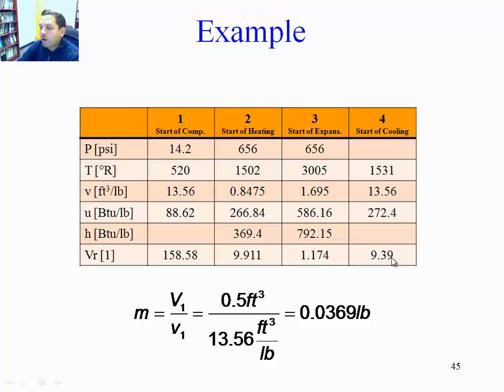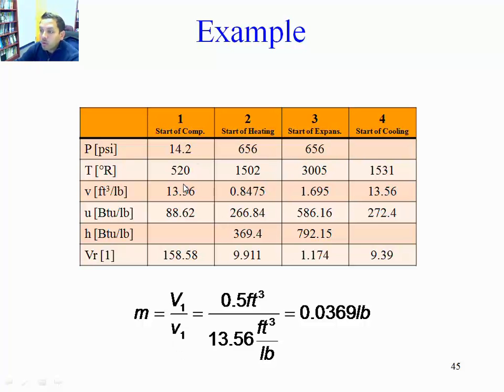So with a VR of 9.39, we can find the temperature from the tables, 1531, the volume we already found, and the energy at state 4, 272. If we need it, we could find the pressure at point 4 because we know the temperature and the volume through the state equation. But we might not need that. We can calculate the mass at any point.